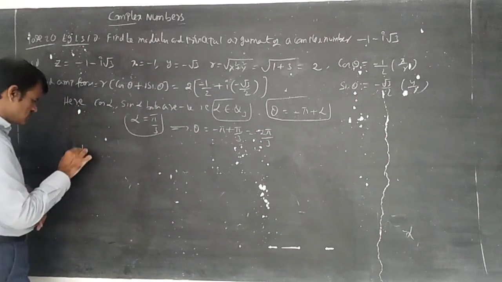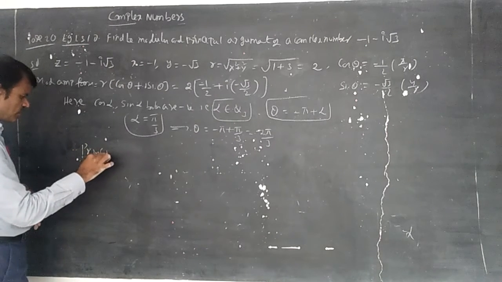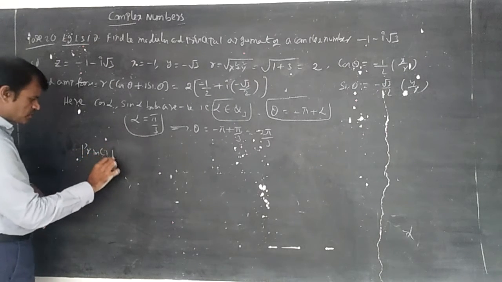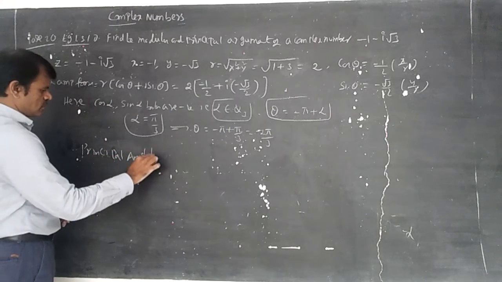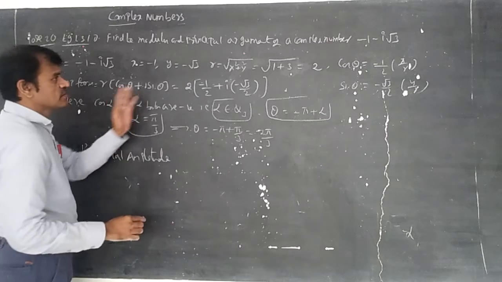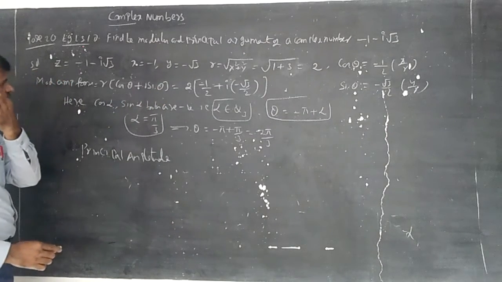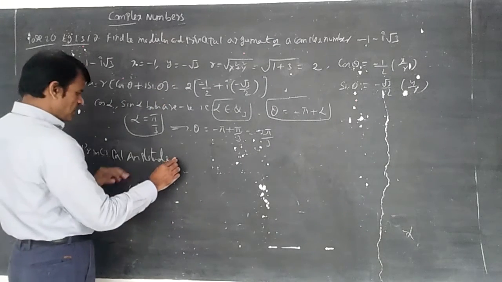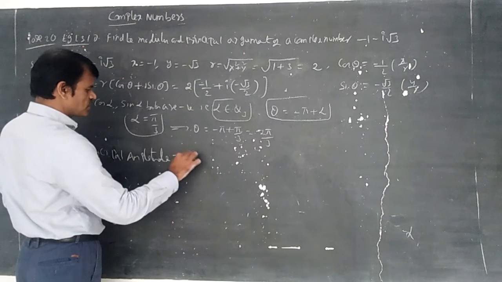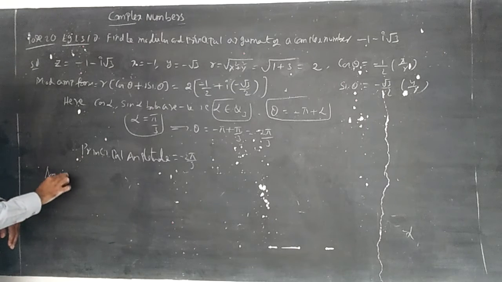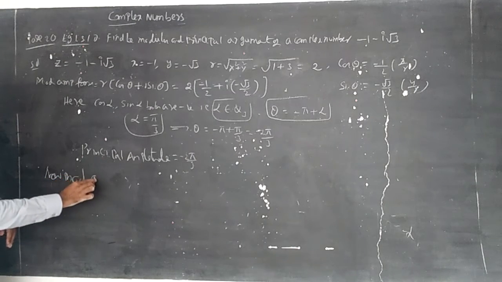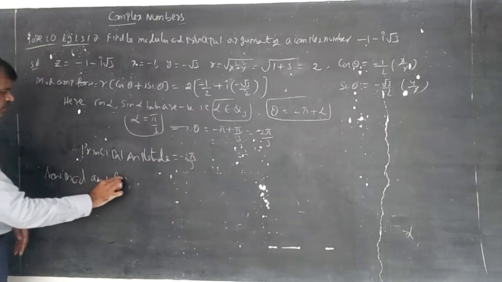Therefore, this is called the principal amplitude. After getting the resultant of the quadrant, it is called the principal amplitude. Principal amplitude is equal to minus 2 pi by 3. Now you write the mod amp form.